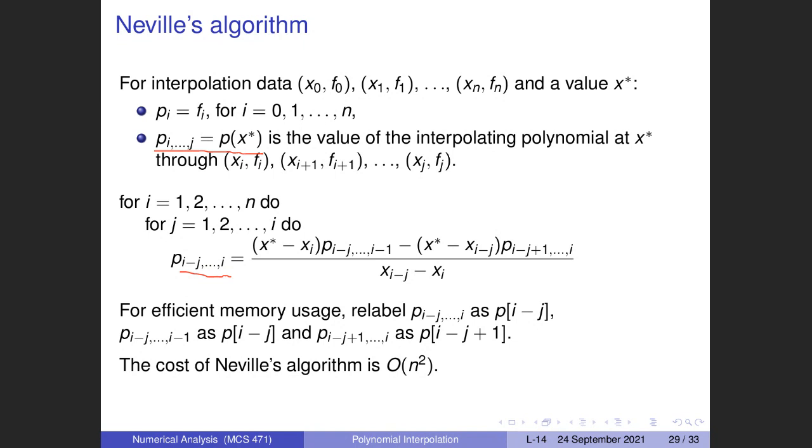What the intermediate numbers imply is actually a repeated application of the theorem. So we do a repeated recursive linear interpolation. And we have an efficient memory usage if we relabel the points. So we store the points in arrays.